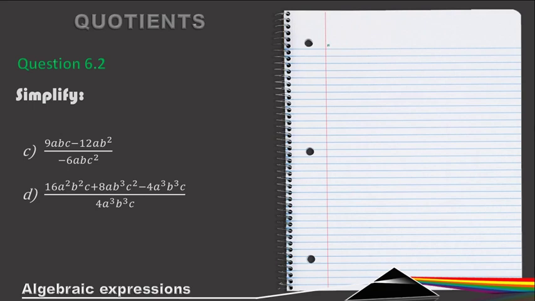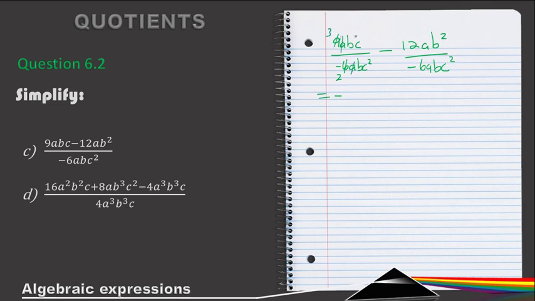Alright, so now we have 9abc over negative 6abc squared, and then minus, so this is this minus, 12ab squared over negative 6abc squared. So cancelling, we've got a negative there for the signs. Then 3 goes into 6 2 times, and into 9 3 times.